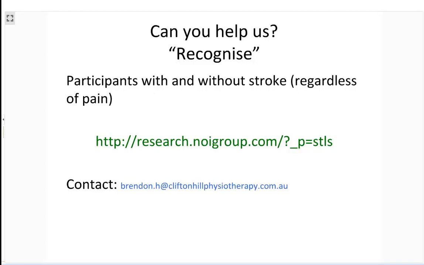There is another question. If I could give a piece of advice to physios working with stroke to minimise the likelihood of pain, is there anything I would advise? So really this is the early stages. I think the big thing we first need to do is make these people feel safe.